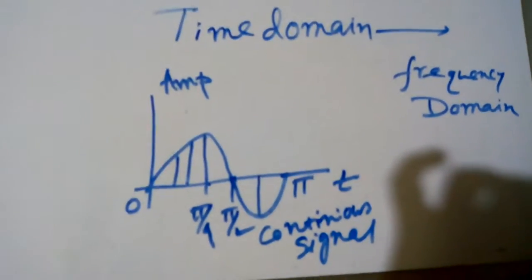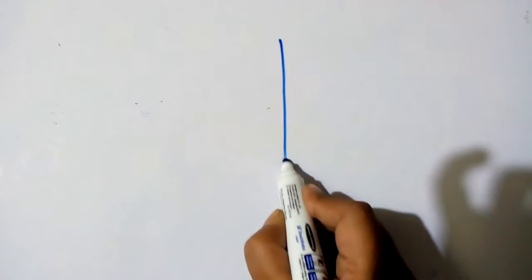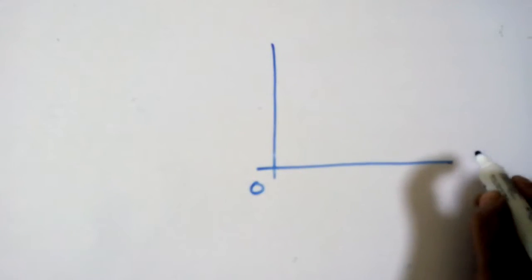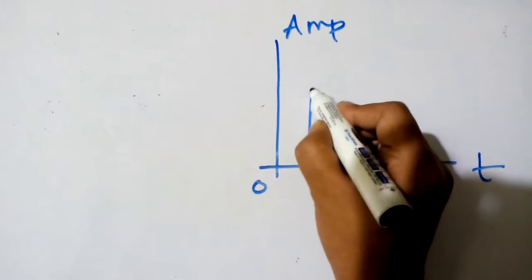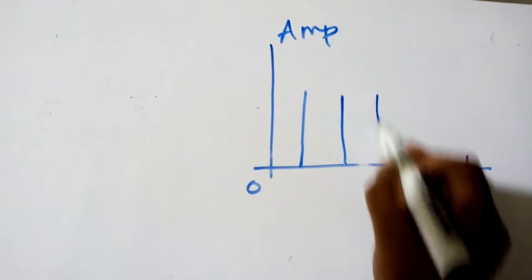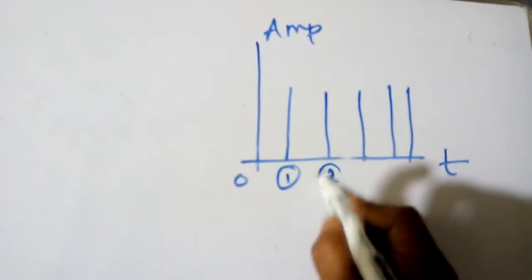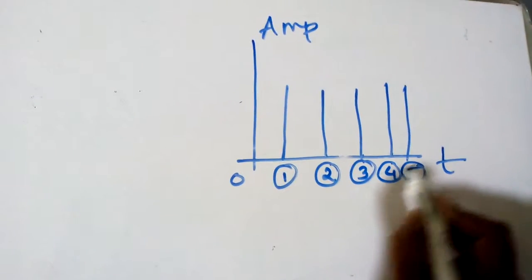But there is another type of signal. Like this: 0, that is the t-axis, and that is amplitude. The signal looks like this, this, this, this. This is marked number 1, number 2, number 3, number 4, number 5.